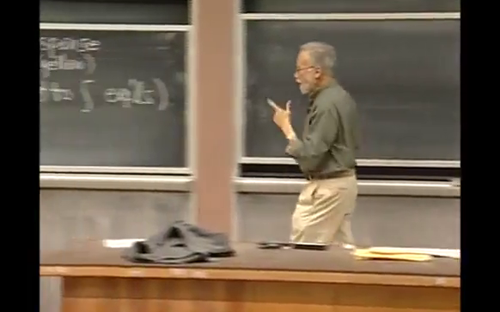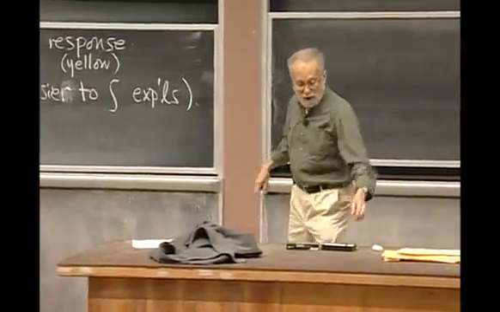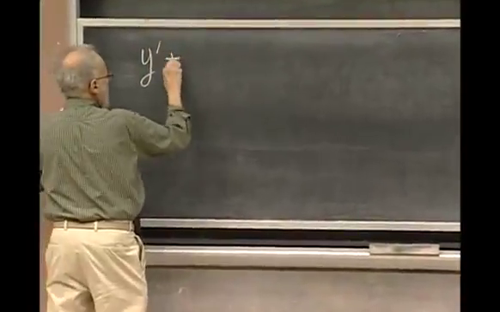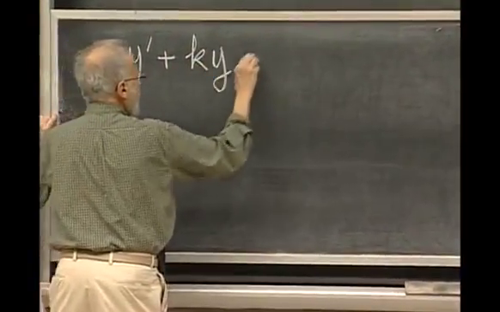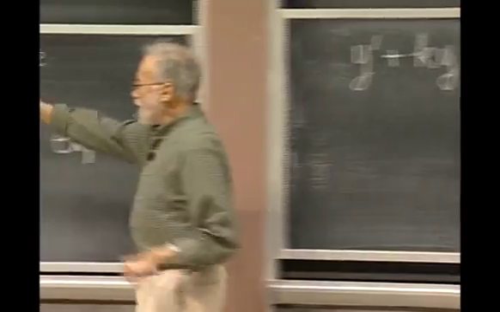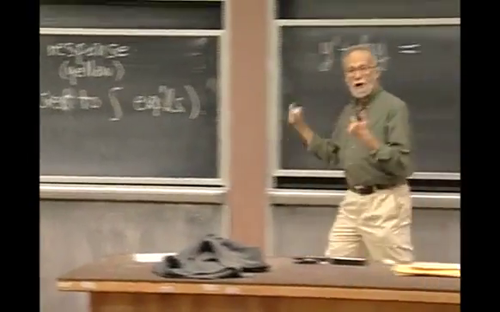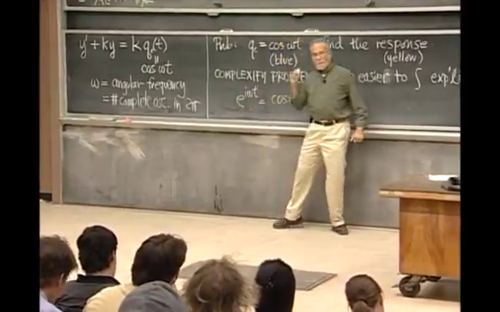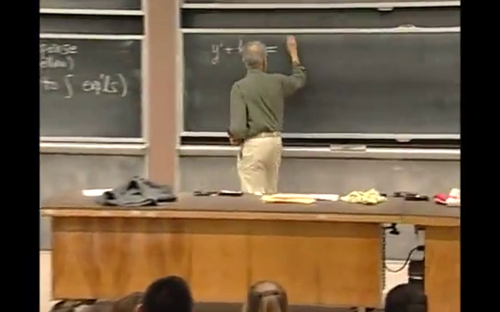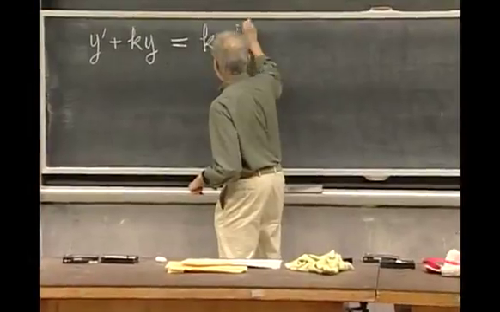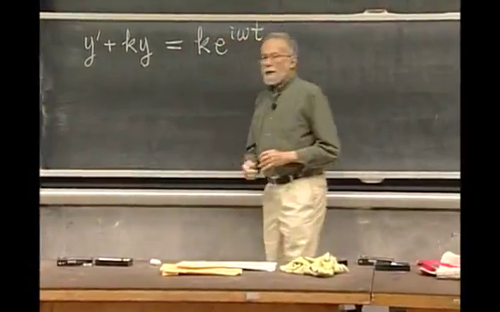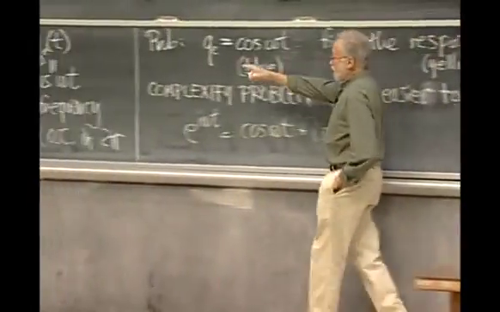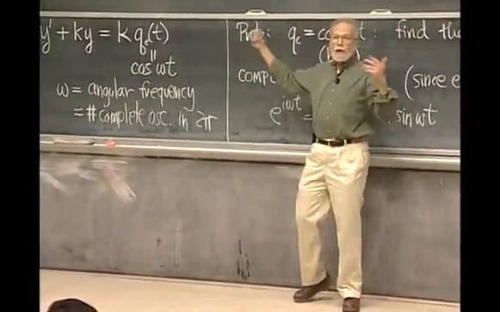The complexified equation is going to be y prime plus ky equals, and now instead of the right-hand side k times cosine omega t, I'll use the whole complex exponential, e to the i omega t.